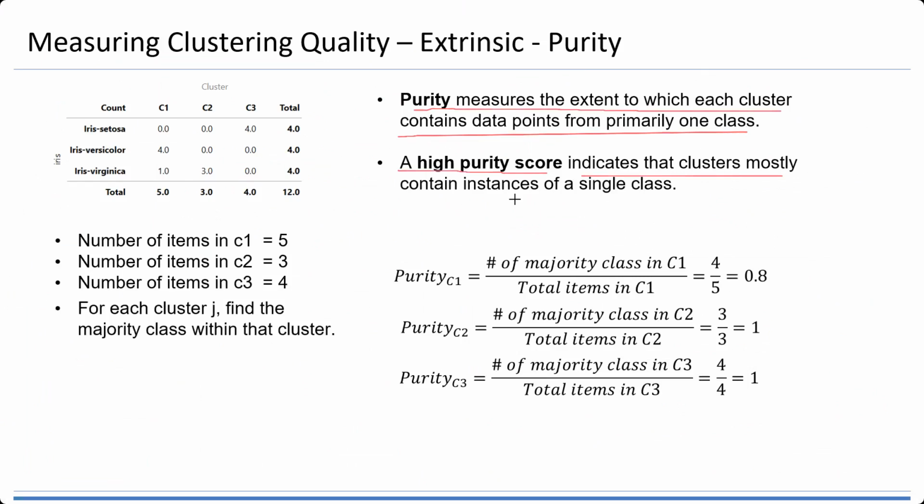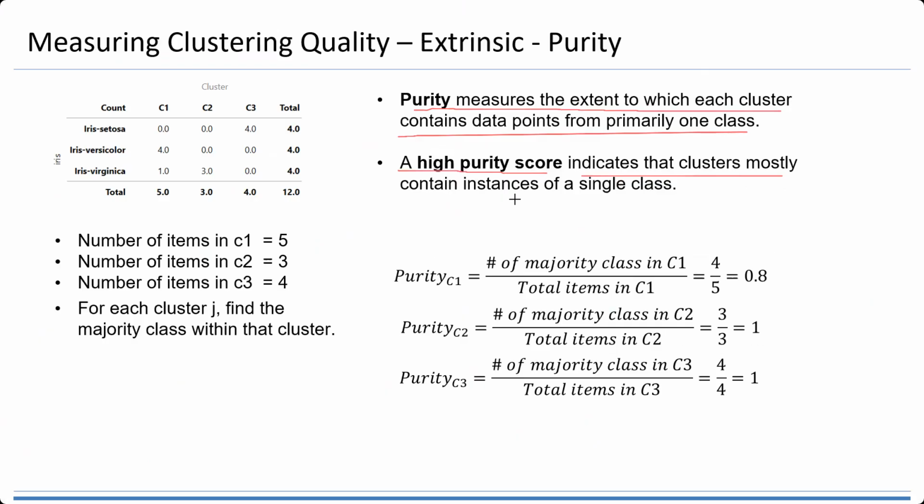So we have the items in C1, which is 5. The items in C2 is 3. And the items in C3 is 4. So for each cluster j, find the majority class within that cluster. So just find the majority.